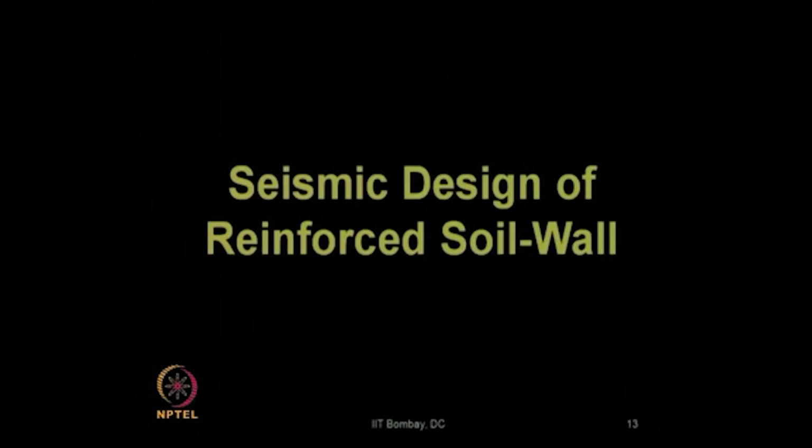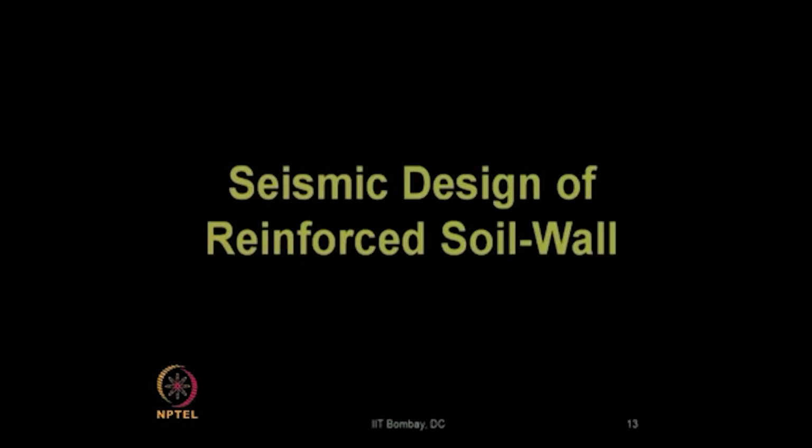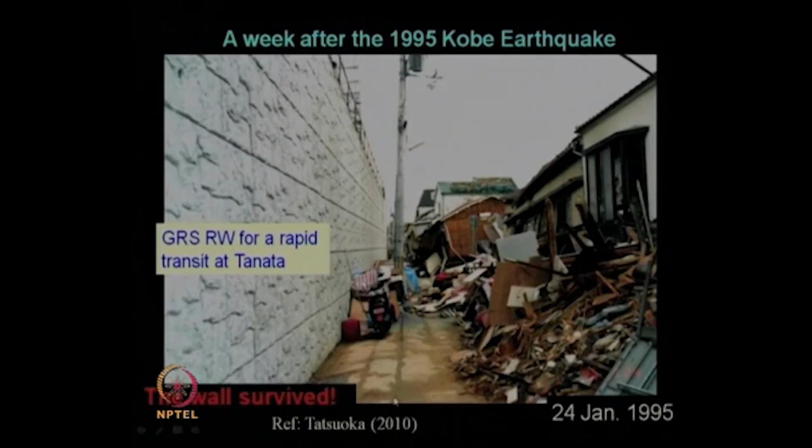Next, we have also discussed the seismic design of reinforced soil wall in our previous lecture. We also mentioned, as given by Tatsuoka in 2010, that during and after 1994 Kobe earthquake in Japan, it was found that geosynthetic reinforced soil wall, they survived that big damaging earthquake of 1994 Kobe, whereas the conventional structures or conventional buildings and walls, they could not survive that huge magnitude of earthquake of 1995 Kobe.